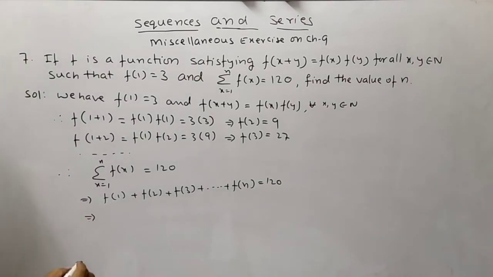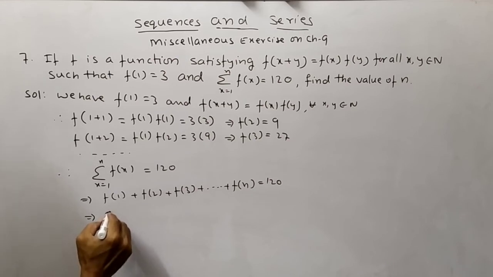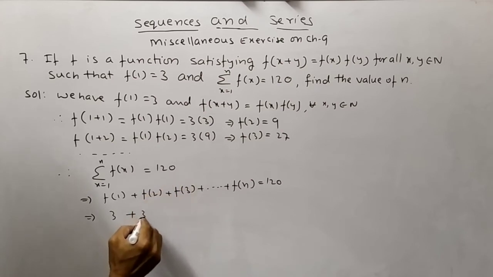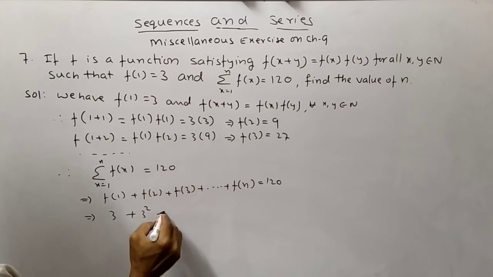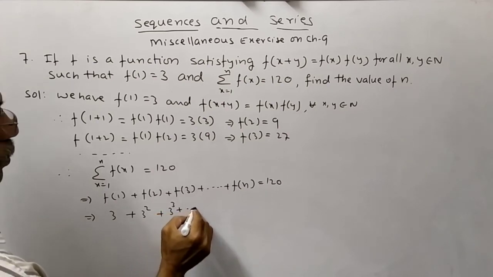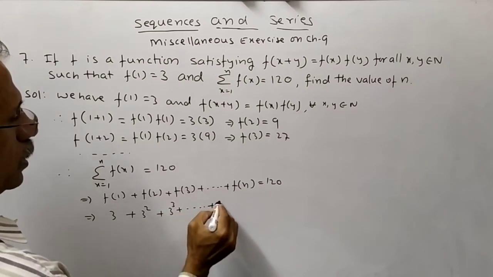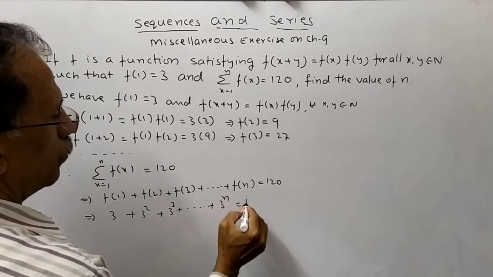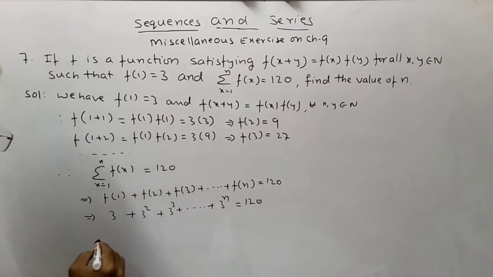This implies 3 plus 3 square plus 3 cube plus dash dash dash plus 3 raised to the power n is equal to 120.